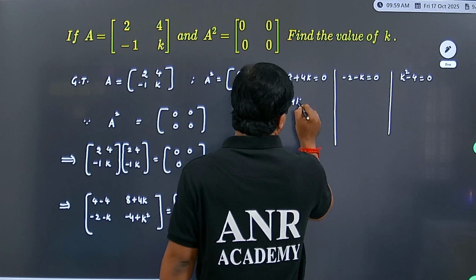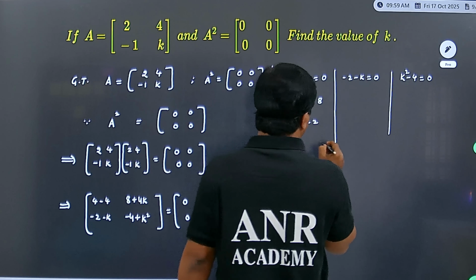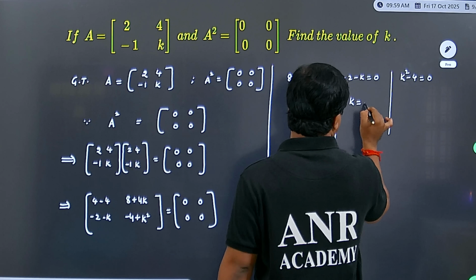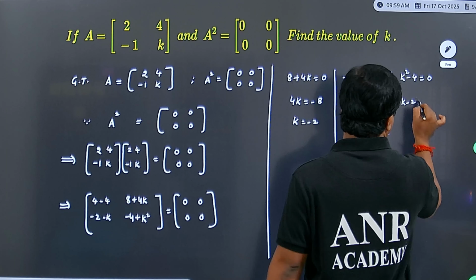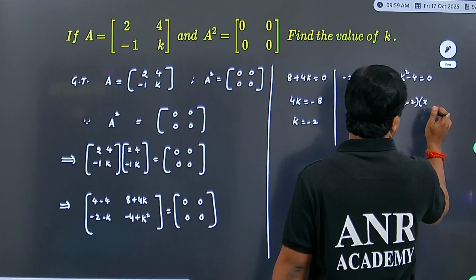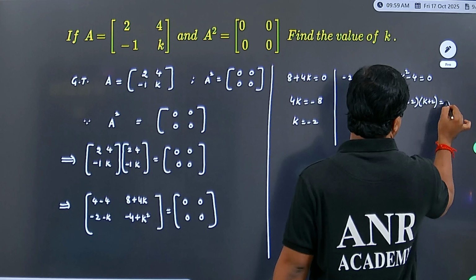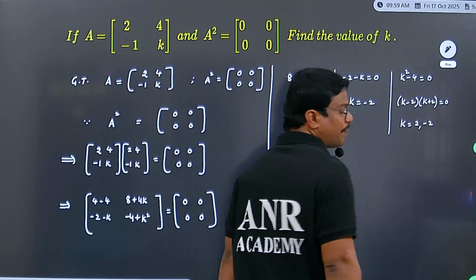From this I can write 4K equal to minus 8 and the value of K equal to minus 2. Next, from this K equal to minus 2, and here K minus 2 into K plus 2 is 0, so the value of K is either plus 2 or minus 2.